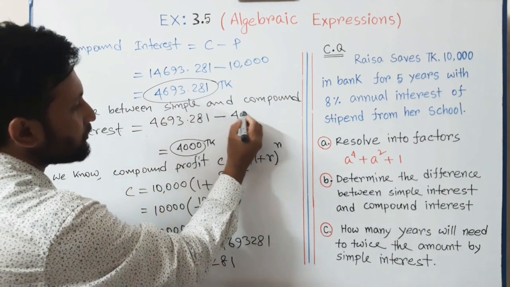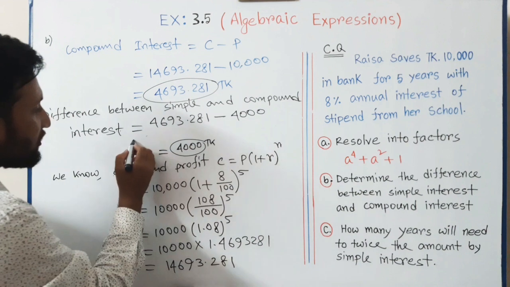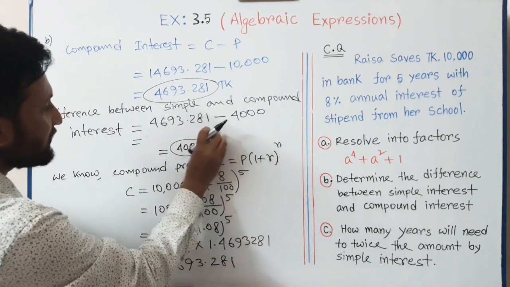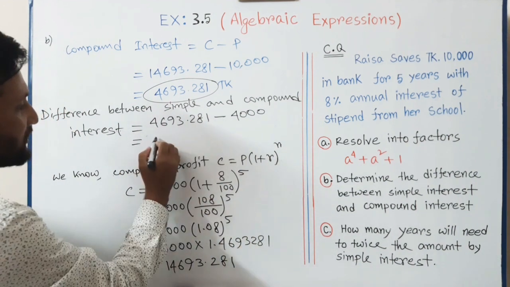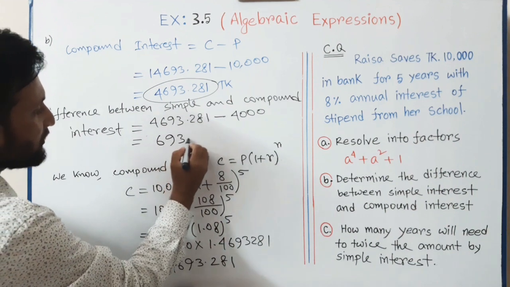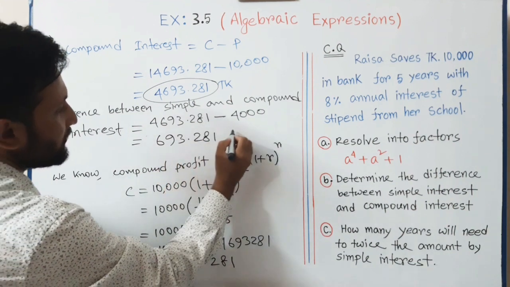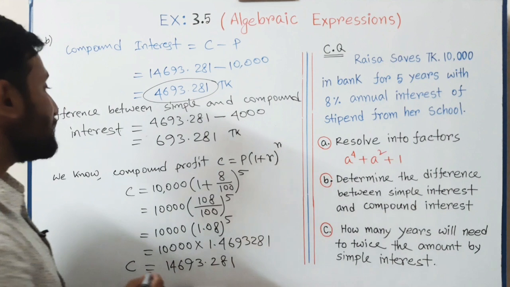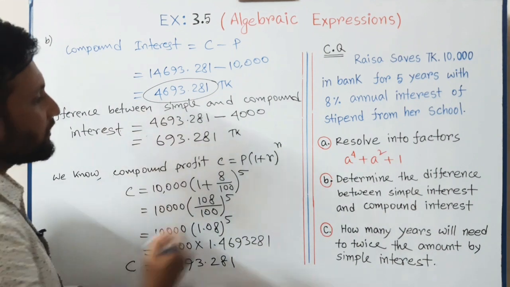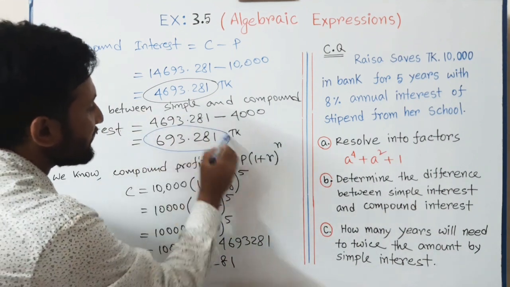So by using calculator or simple calculation we can get here 693.281 taka. This is the difference between simple and compound interest.